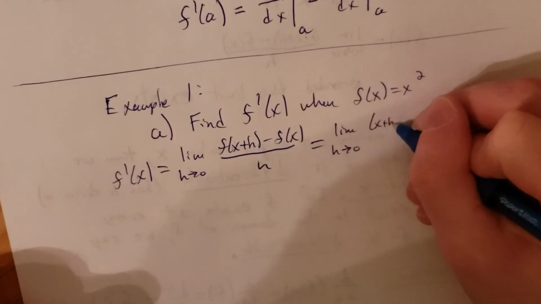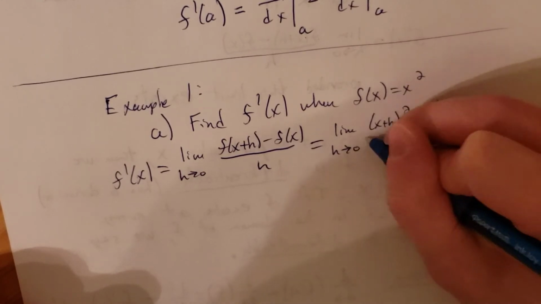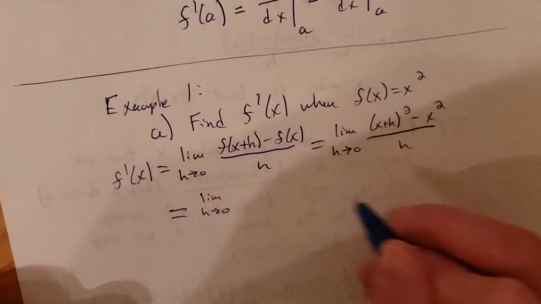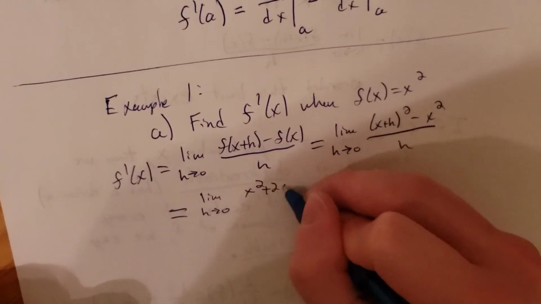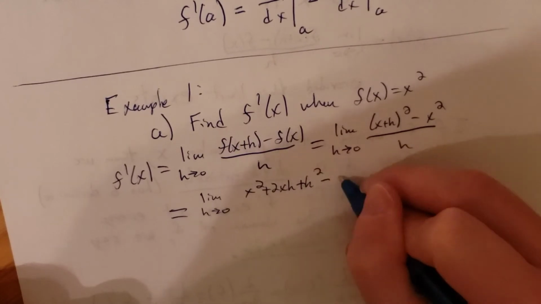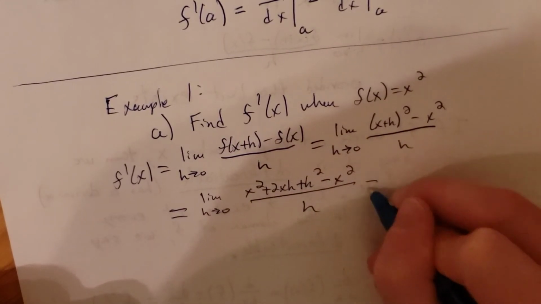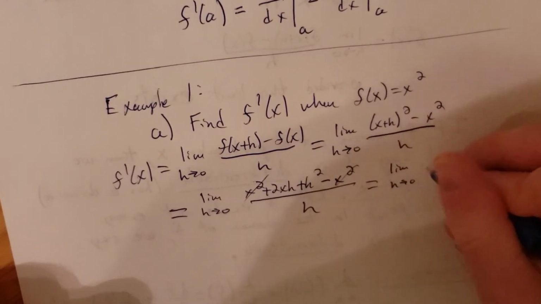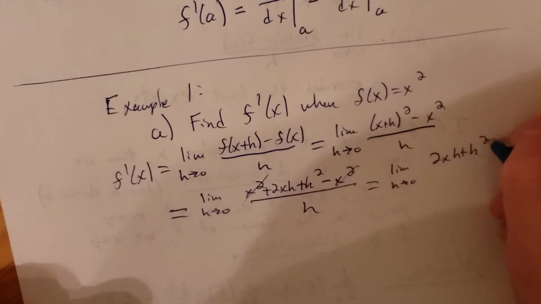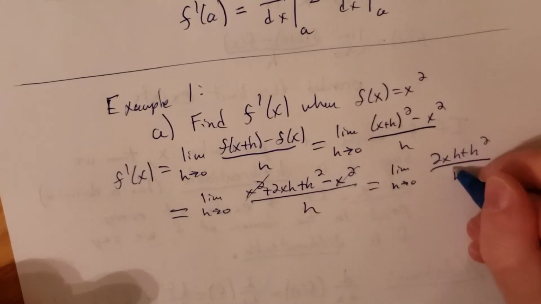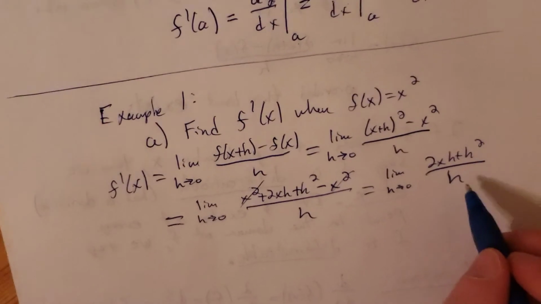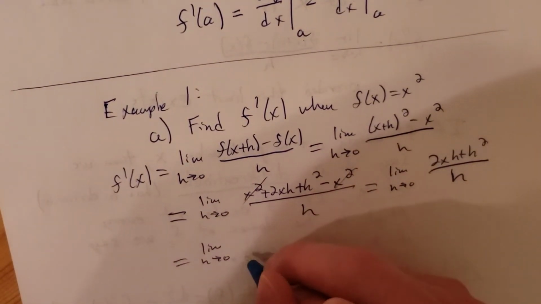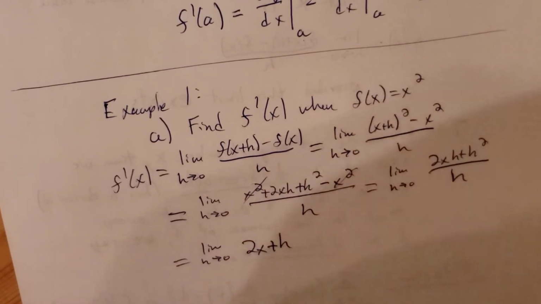This is x plus h quantity squared minus x squared all over h. All right, so this is the limit as h goes to 0 of x squared plus 2xh plus h squared minus x squared all over h. The x squares cancel, so this is the limit as h goes to 0 of 2xh plus h squared divided by h. You can factor out an h in the numerator and then cancel, so we get the limit as h goes to 0 of 2x plus h.